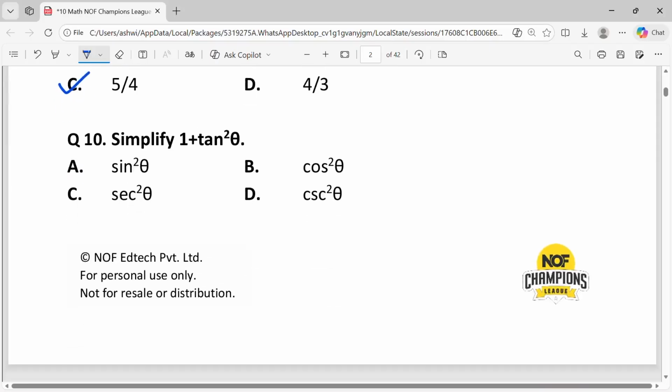Question 10. Simplify 1 plus tan square theta. The fundamental trigonometric identity is sin square theta plus cos square theta is equal to 1.